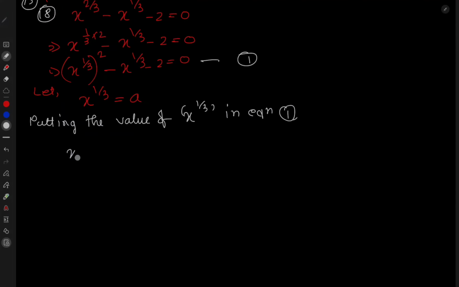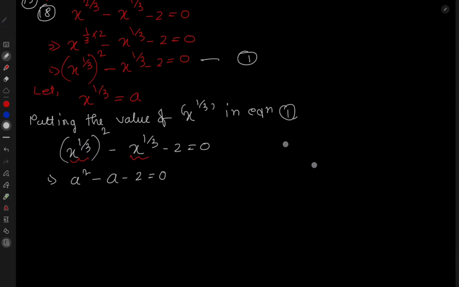Equation number 1 is x to the power 1 by t squared minus x to the power 1 by t minus 2 equal to 0. We take x to the power 1 by t as a, so x to the power 1 by t is replaced by a. So a square minus a minus 2 equal to 0.